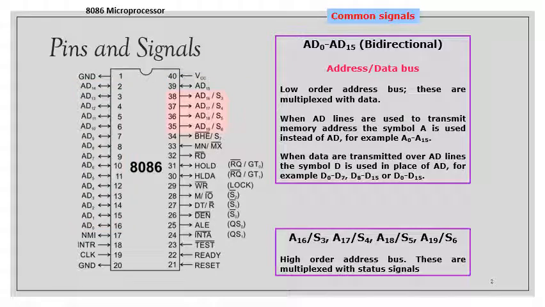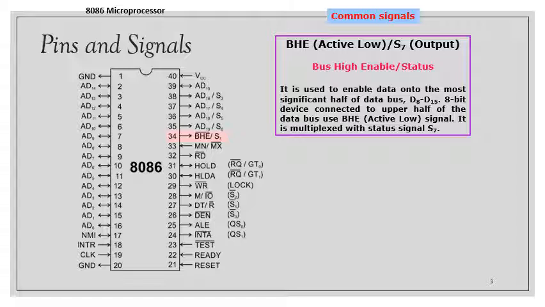A16 combined with S3, S4, S5, S6 are the higher order address lines. These are multiplexed with the status signals. S6, S5, S4 and S3 are the status signals. Next, let us discuss the bus high enable pin, pin number 34.